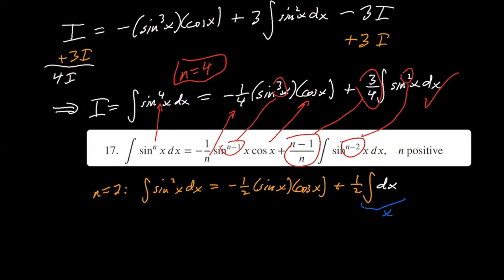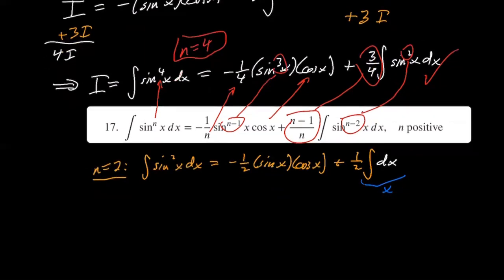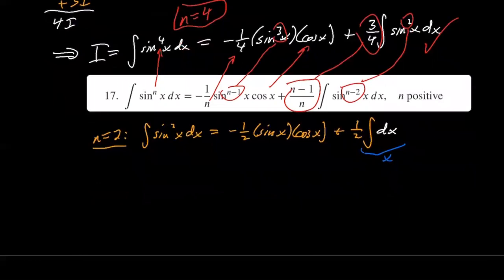So if I plugged this all back in now, I do want a final answer. I wanted to illustrate this reduction formula, but I also would like a final answer, because why not? So I'm going to plug all this stuff in right there. So if we do that, let me see if I can do that carefully. So we get then the integral of sine x to the 4th dx is, so we need this first term up here.